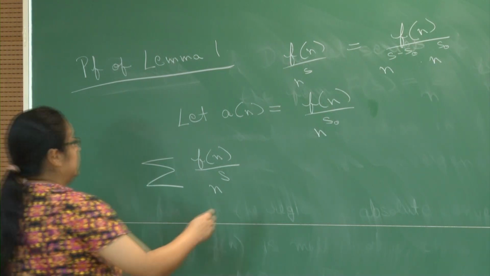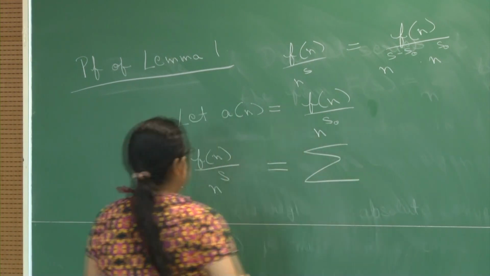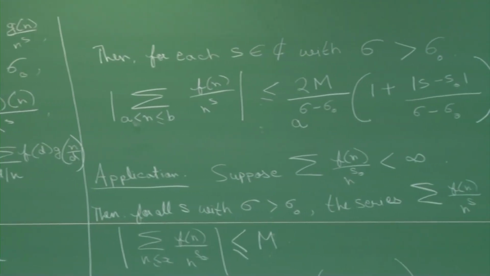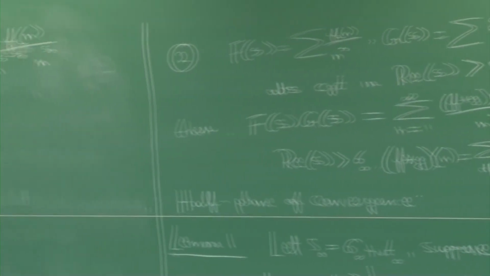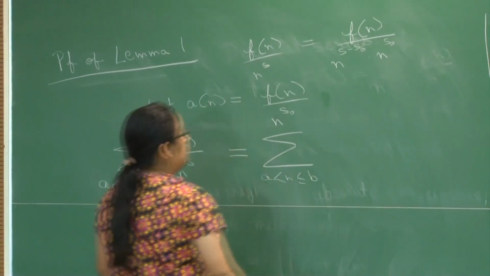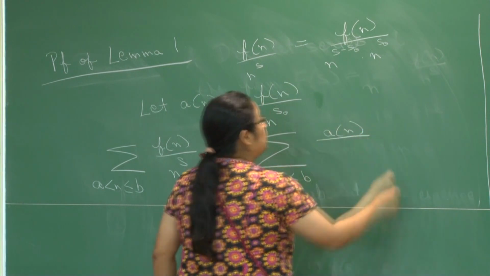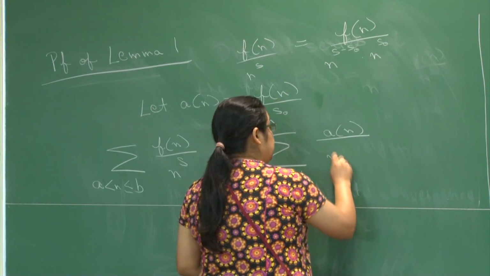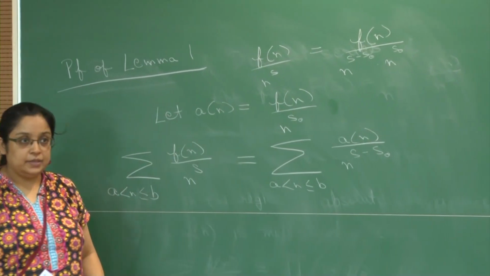What you have is that this is equal to summation, where we are interested in the part that n runs from a to b. So n lies between a and b. This just turns out to be A of n over n to the s minus s0, where A of n is this term here, right?